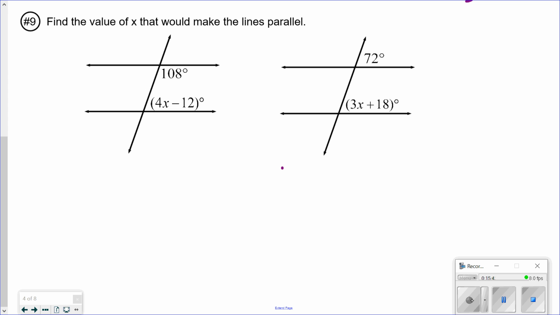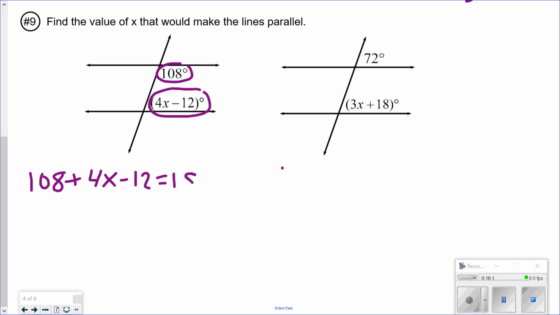For question 9, we're going to find the value of x that would make the lines parallel. So if I look at these two angles, the angle here and the angle here, those are consecutive angles or same side interior angles. They're not the same. They are supplementary, which means they add up to 180. So 108 plus 4x minus 12 is equal to 180 degrees.